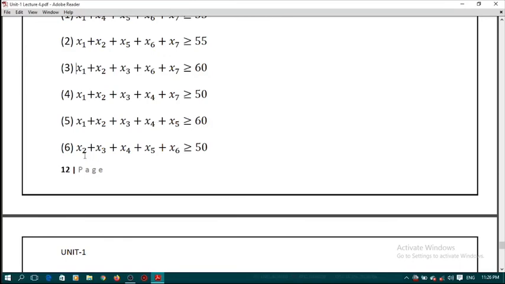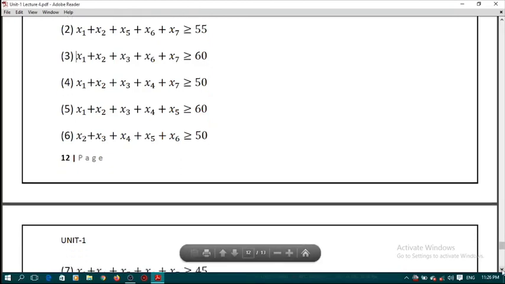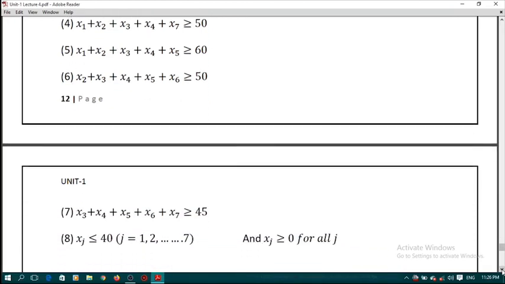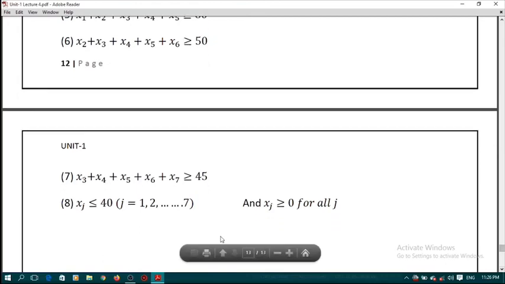This is for Thursday. This one is for Friday, that is x2 plus x3 plus x4 plus x5 plus x6, greater than or equal to 50. And the last constraint is for Saturday, x3 plus x4 plus x5 plus x6 plus x7, greater than or equal to 45.